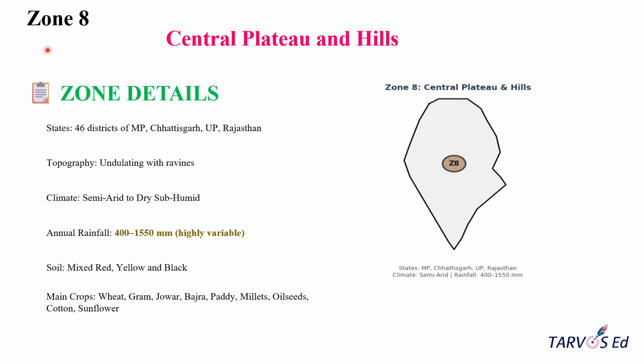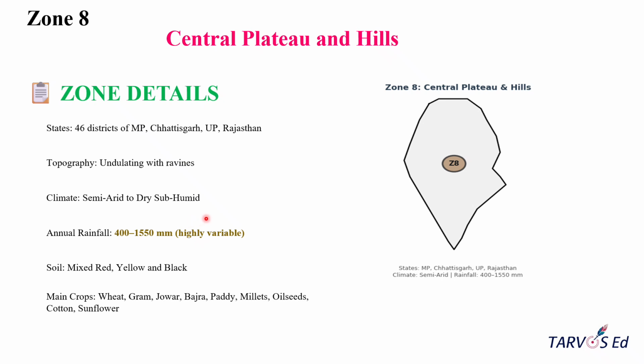Next one is zone 8, Central Plateau and Hills. And this basically covers 46 districts of Madhya Pradesh, Chhattisgarh, Uttar Pradesh, and Rajasthan. And here the topography is undulating with ravines, and the climate generally varies from semi-arid to dry subhumid. And the rainfall is highly variable, which is very important.